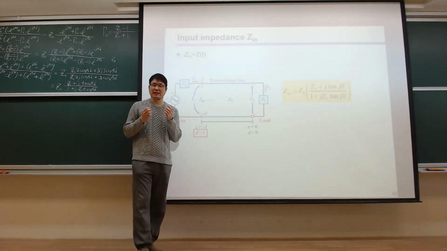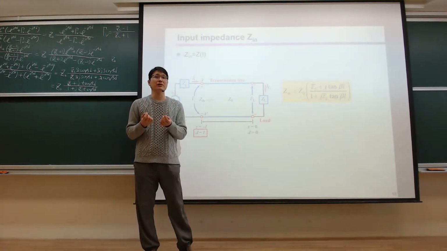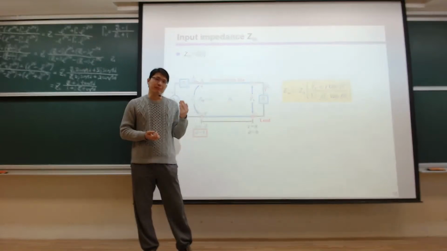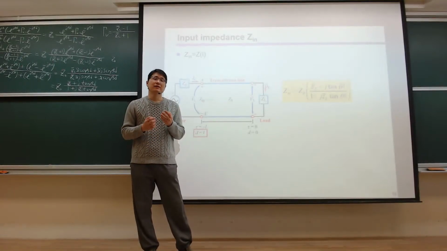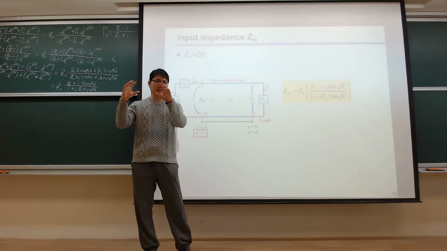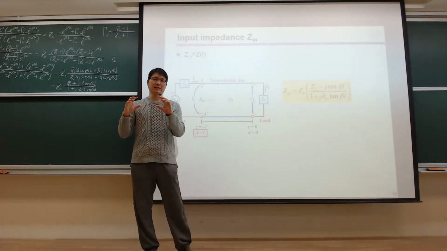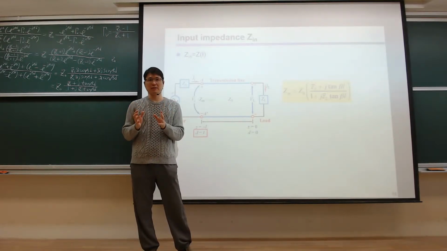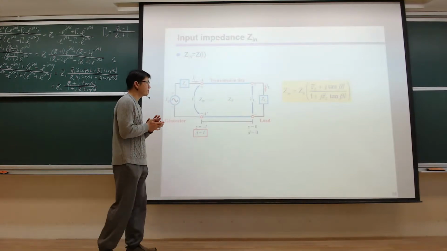Characteristic impedance is a constant. It's provided by the transmission line. But the wave impedance is the total voltage as a function of space divided by the total current as a function of space. So it will be position dependent. It is a function of d. Okay?